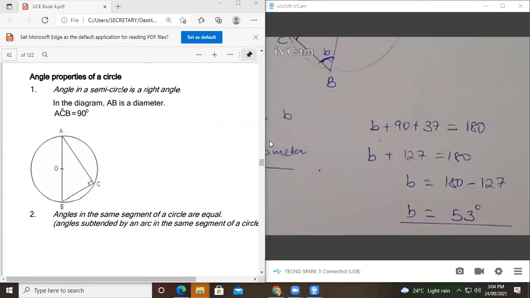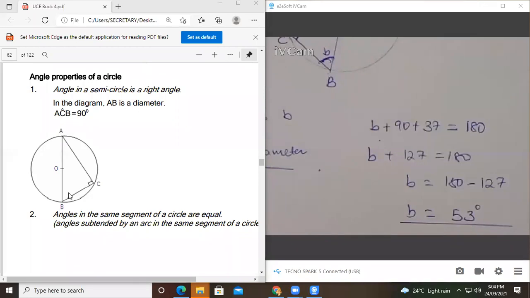Okay, so that is the property that we have used. Members, do not forget that if we have a semicircle, any angle that is inside that semicircle is 90 degrees. So the diameter is AB, and lines from A to C and B to C meet at 90 degrees.